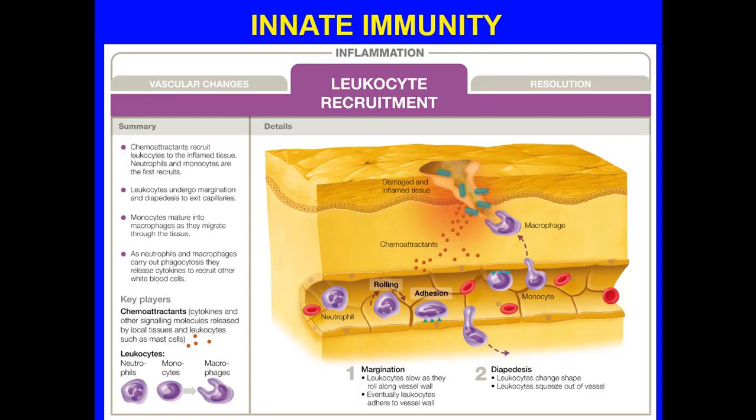Chemoattractants such as cytokines, etc., are going to be released by the local tissues. And you're going to have also some mast cells that are going to attract leukocytes. The leukocytes are also going to attract even more of their, shall we say, brethren, but basically similar cells. And that's going to have more neutrophils, monocytes, and macrophages.